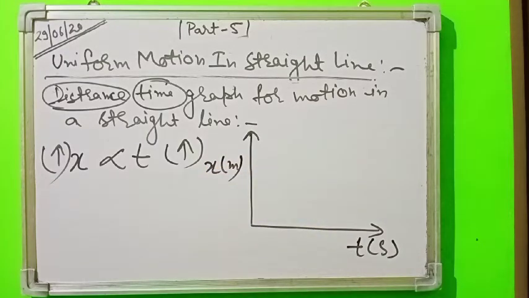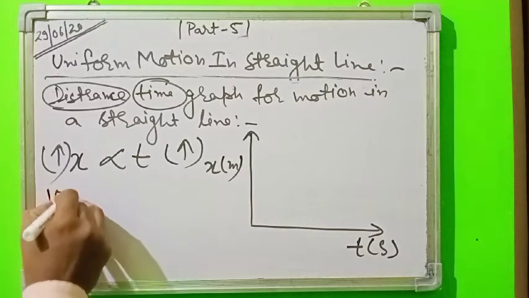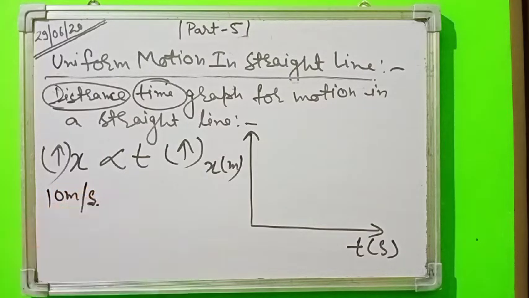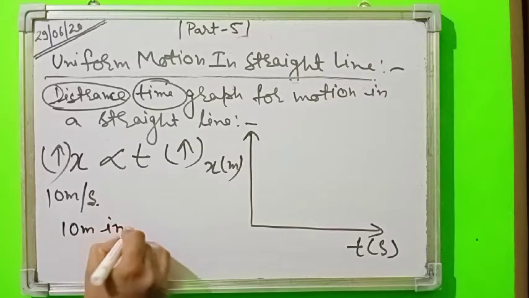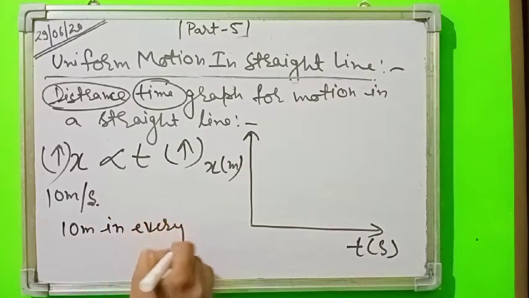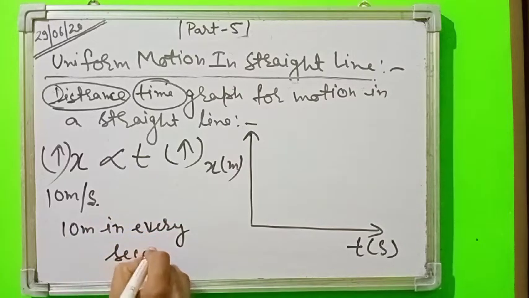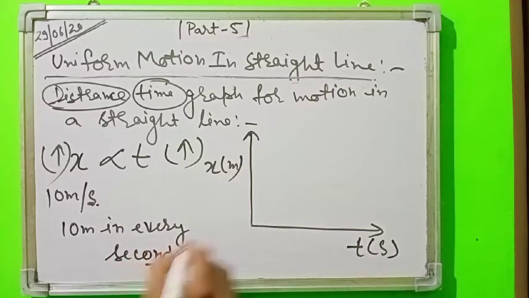If I'm taking an example, then the object is moving with 10 meter per second. 10 meter per second means 10 meter in every second.